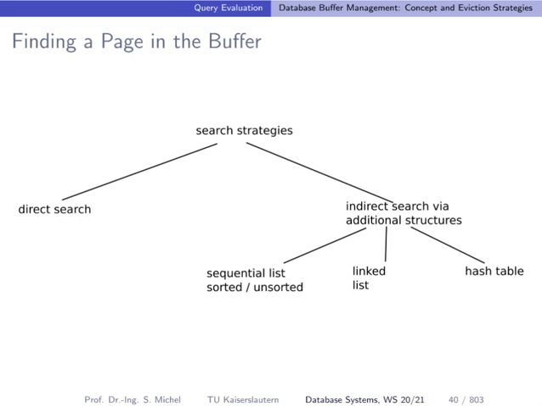So there are different search strategies for the different replacement strategies, like direct search, and also ones that have additional data structures like sequential sorted or unsorted lists, linked lists, and so on, or hash tables. But we will not go into detail here. I just wanted to briefly mention that this is also to be considered.